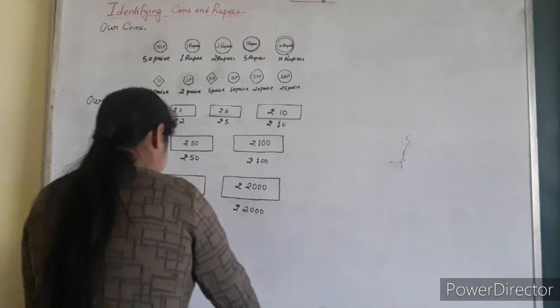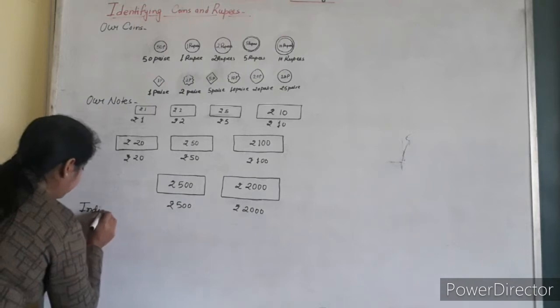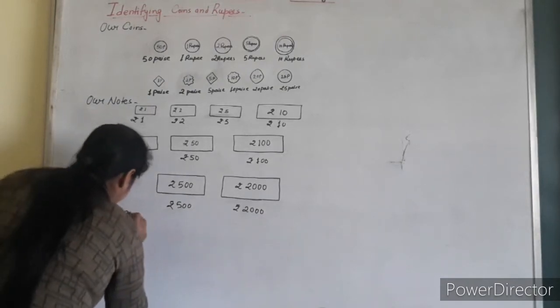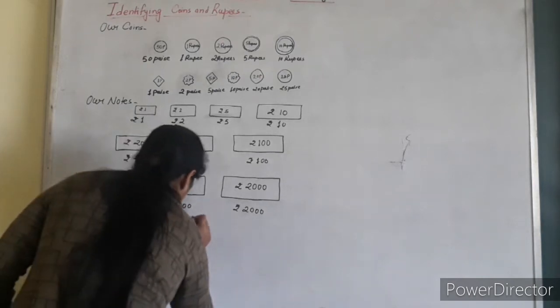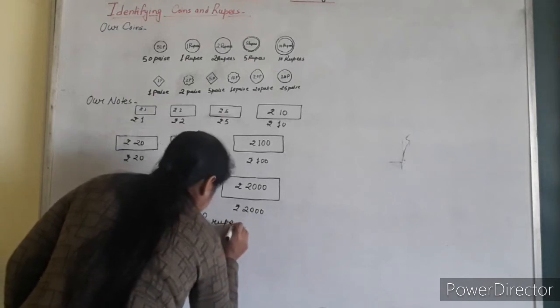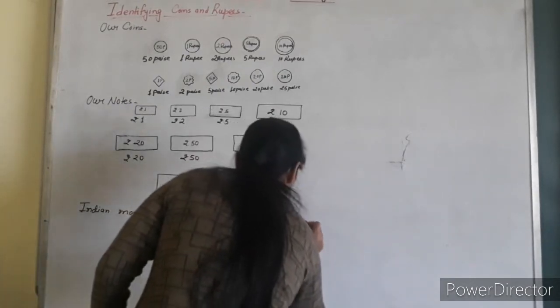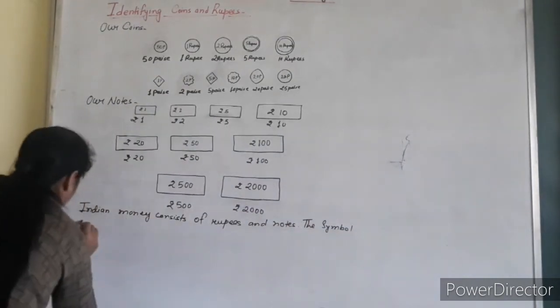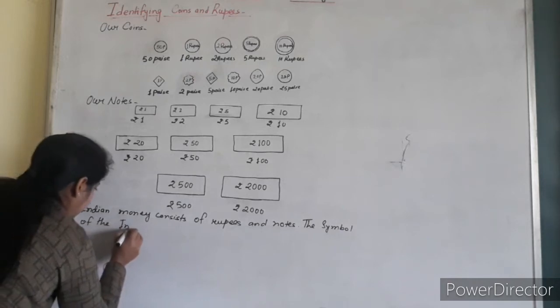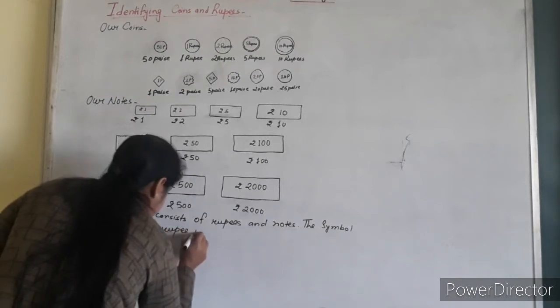Then write here: generally Indian money consists of rupees and notes. The symbol of the Indian rupee is this.